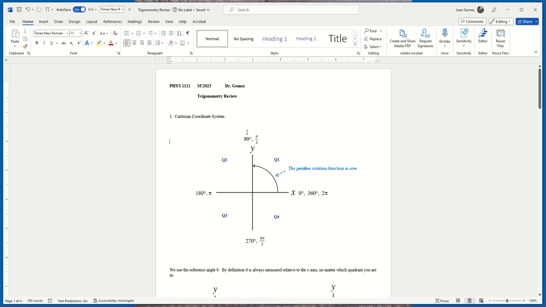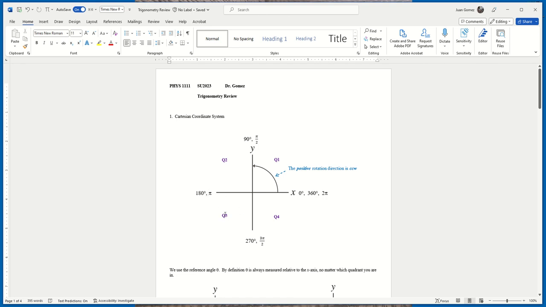Now right here, when you go counterclockwise, you're at 90 degrees, which in radians is pi over 2. Then you keep going counterclockwise. Now we're in Q2. Then over here, the angle is 180 degrees, which is pi. We're still going counterclockwise.